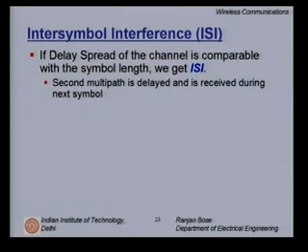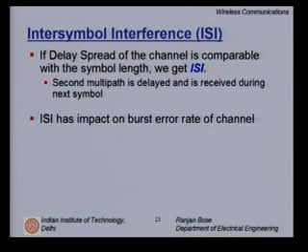That is, one of the symbols will start interfering with the subsequent symbols. ISI has an impact on the burst error rate of the channel. It has a lot of other impacts also, and we would like to have proper equalization to overcome the effects of intersymbol interference. Pulse shaping must also be done to overcome the effects of ISI in a fading environment.